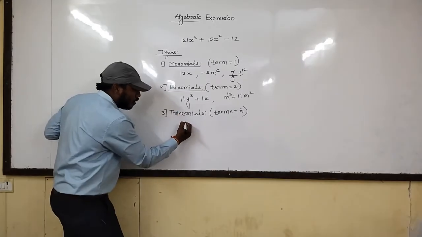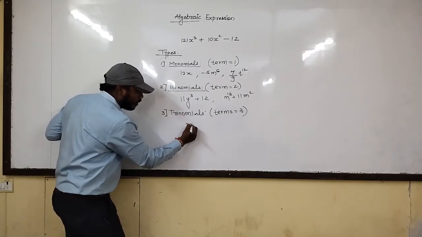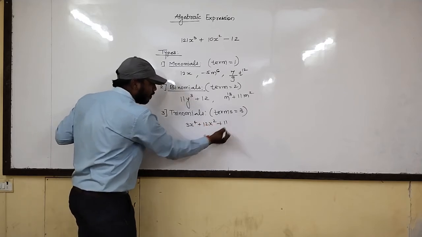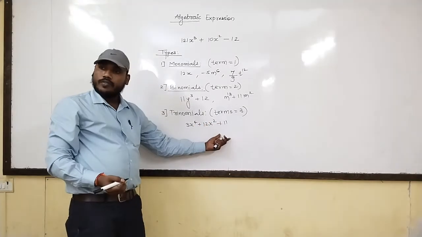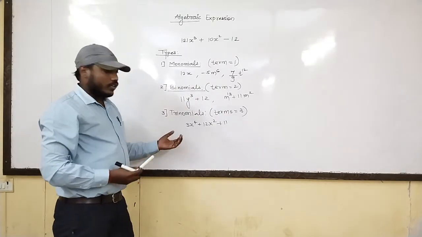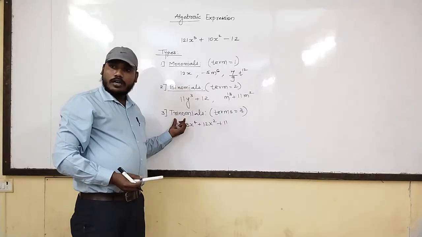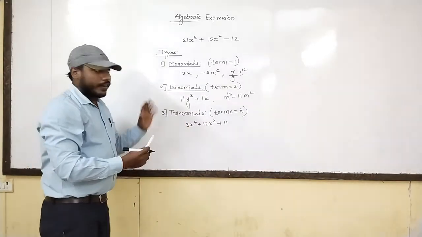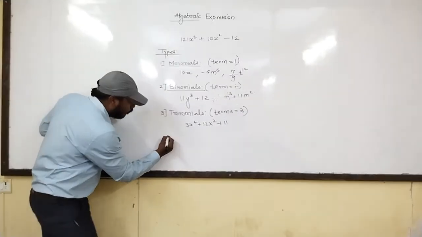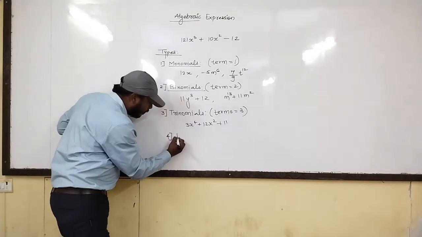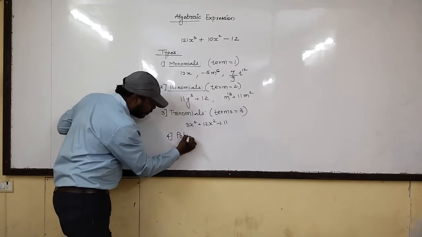If I am writing 3x^4 + 12x^2 + 11, how many terms do we have? 3 terms. So any polynomial consisting of 3 terms is known as a trinomial. When we have more than 3 terms, whenever the number of terms is more, that is what we call a polynomial.